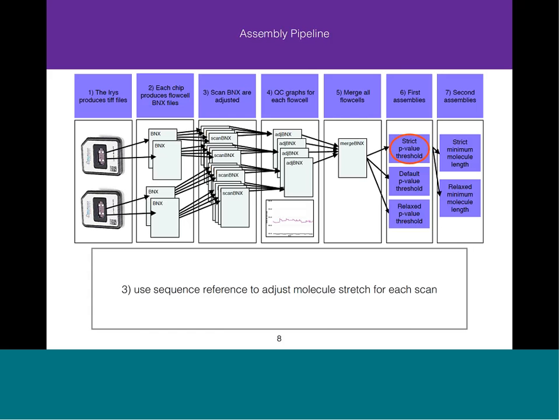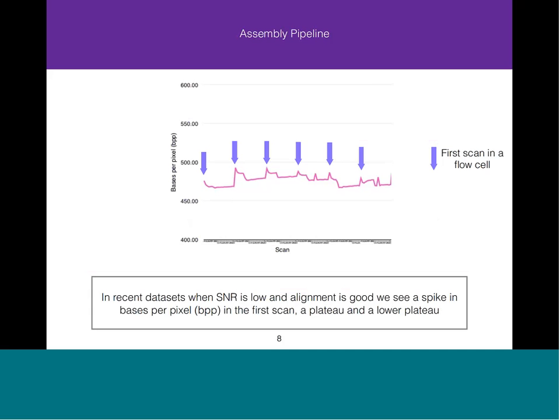So here on the x-axis is a scan for multiple flow cells, and on the y-axis is basis per pixel, which is basically the stretch of a molecule before we've adjusted it. So when I plot these, what I'm looking for is a predictable pattern per flow cell. I've indicated the first scan of each flow cell with a purple arrow here, and we can see that typically on a good flow cell, I'll have a peak in the BPP followed by a lower plateau, followed by a second lower plateau.